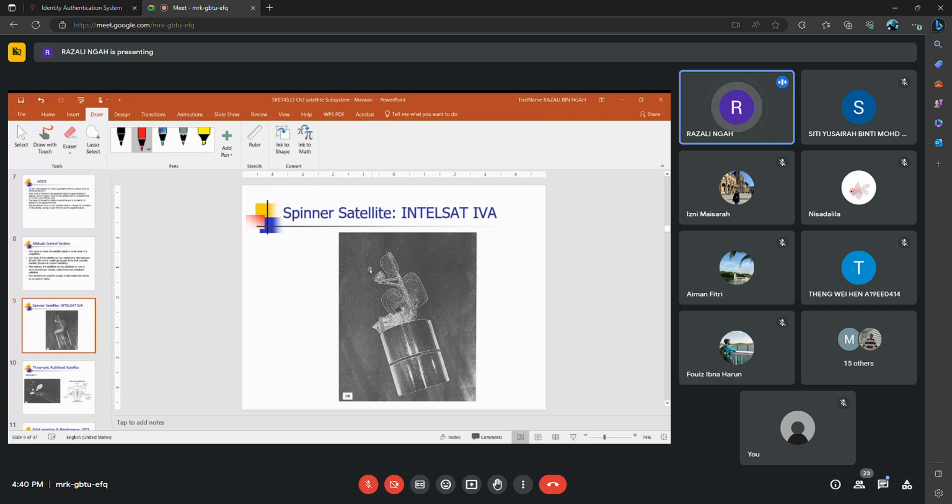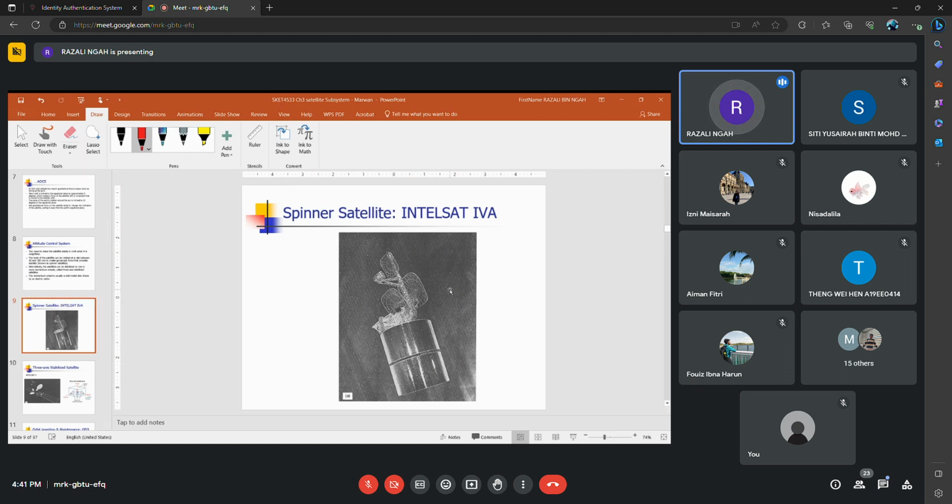But of course, the satellite antenna cannot be rotating, so there is a gear between the rotating part and the antenna part. The antenna part must stay because it's pointing to the ground earth station antenna. The rotating part is only the satellite body. I hope you understand.